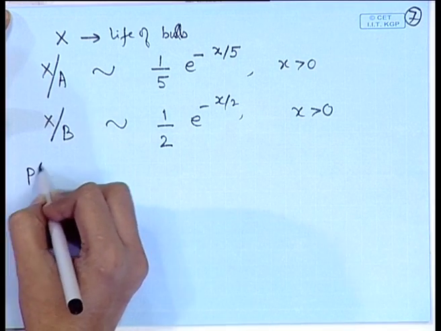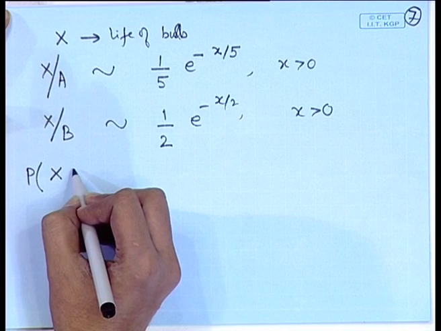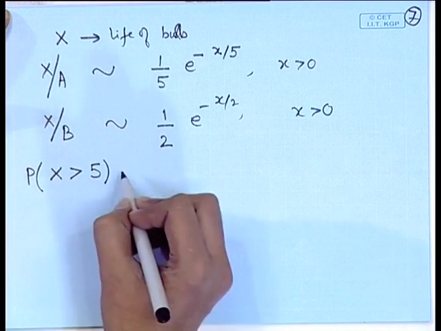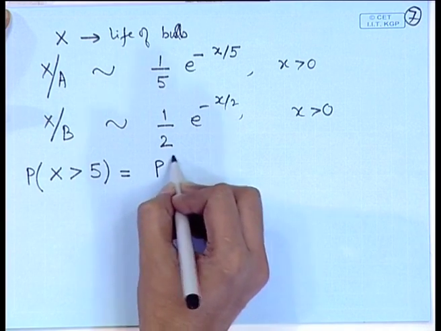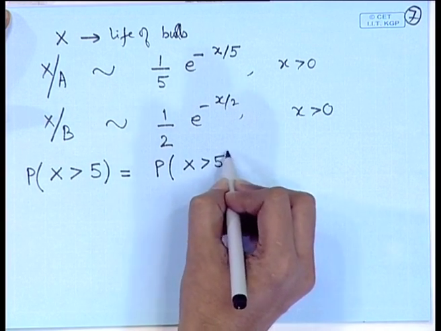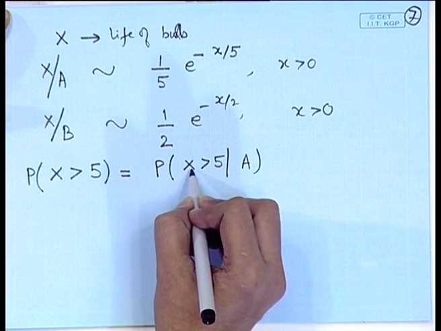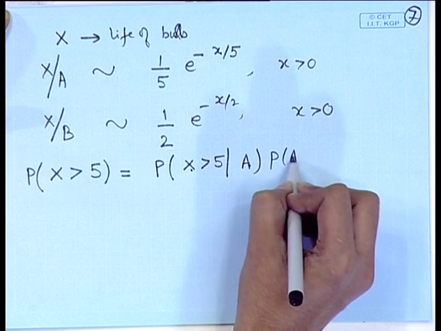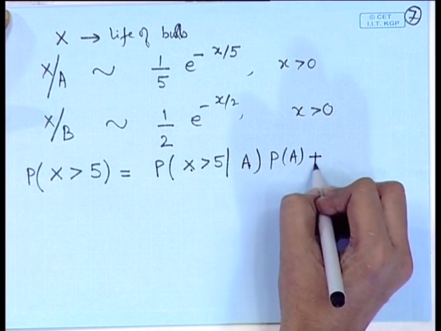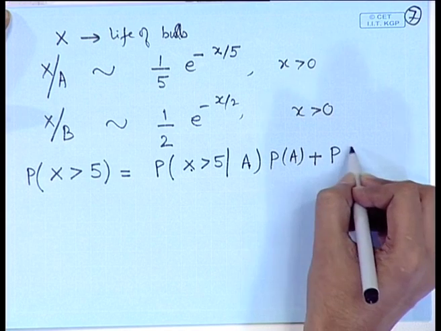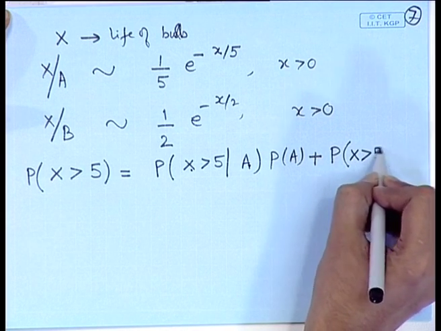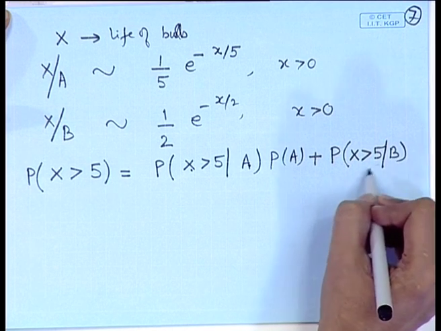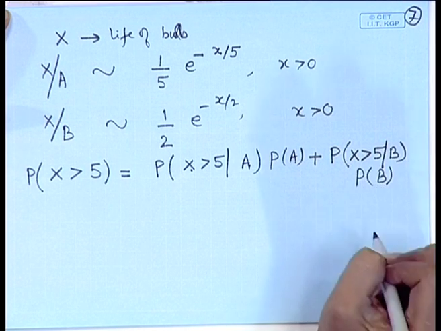We are interested in a randomly selected bulb's life to be more than 5 months. So, here we can apply the theorem of total probability. So, probability of x greater than 5 given that it is produced by plant A into the probability of being produced at plant A, plus probability of x greater than 5 given that it is produced at plant B into probability of plant B.